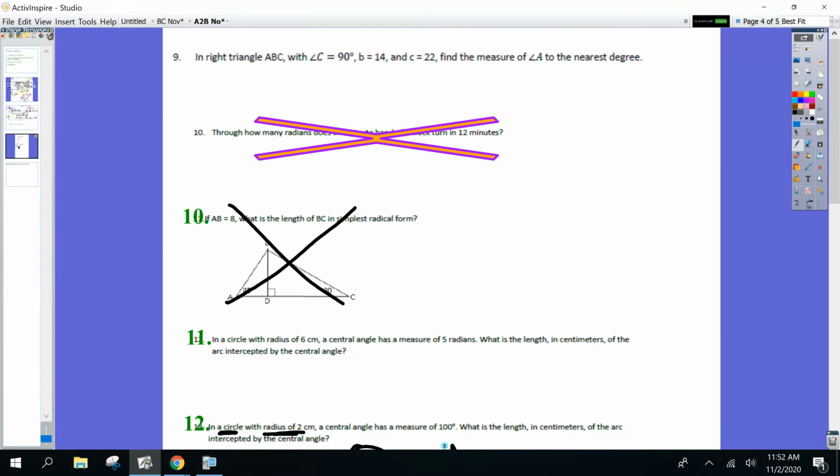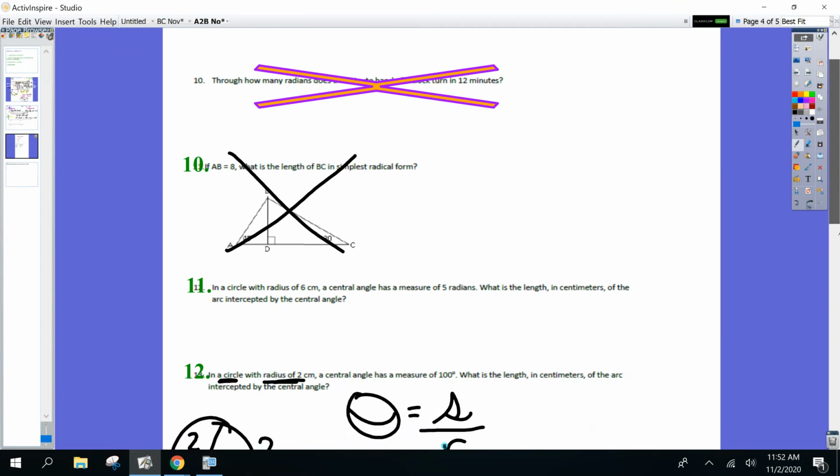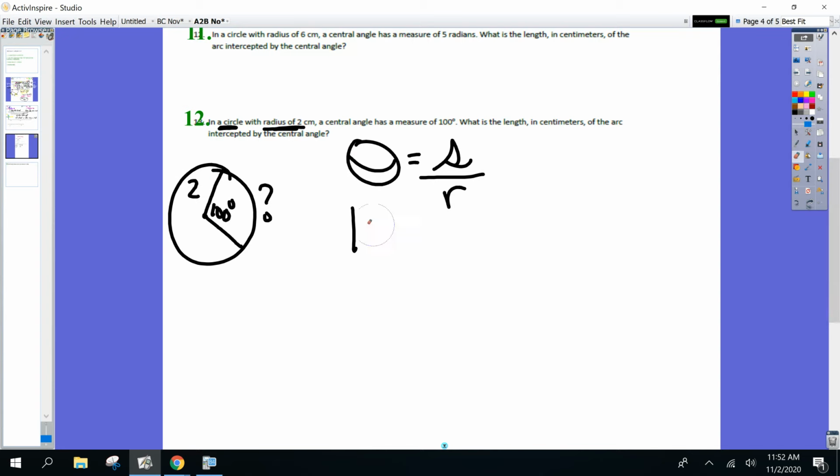So what do I suggest you do? Go off to the side. Take 100 degrees and convert it into radians.